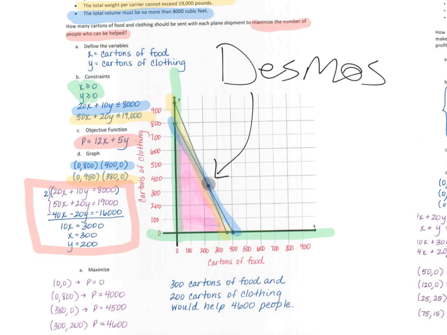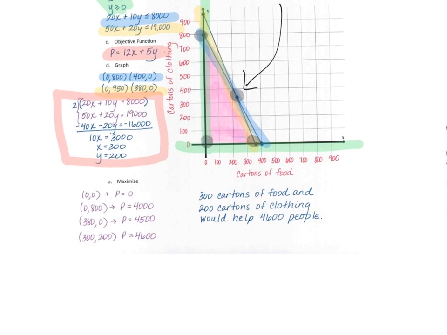Once we get these coordinates of the corners of our feasible region, we're going to want to take each independent coordinate and plug those into our objective function. Remember, the objective function is what we wanted to maximize. So for this first one, 0, 0, I'd plug in 0 and 0 for the x and y.